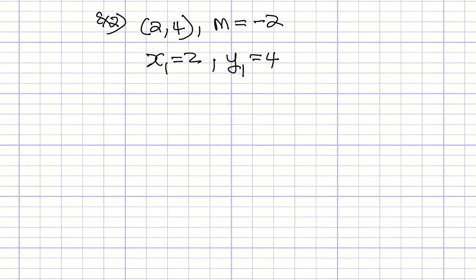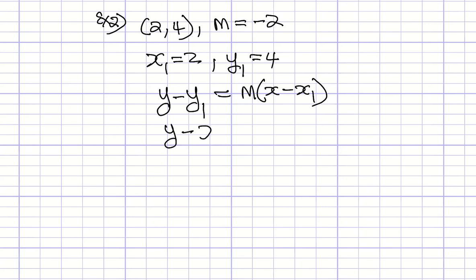Point slope form is y minus y1 is equal to m times x minus x1, okay? Then you put in the variables, you get y minus 4 is equal to -2, right, times x minus 2, right?